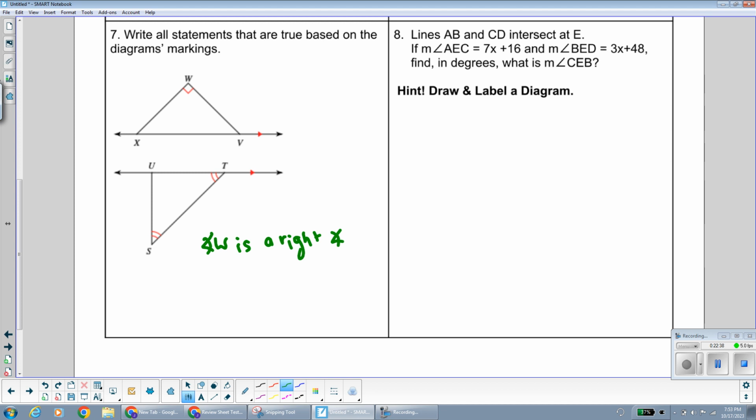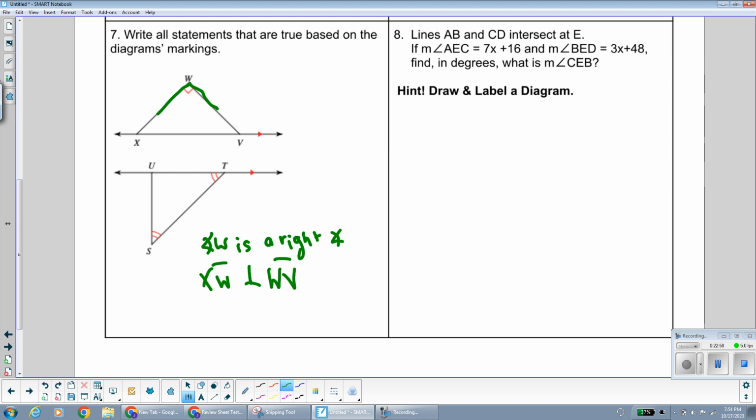I know that perpendicular lines form right angles, so I know that XW is perpendicular to WV, because if they form that right angle, then they are perpendicular to each other.